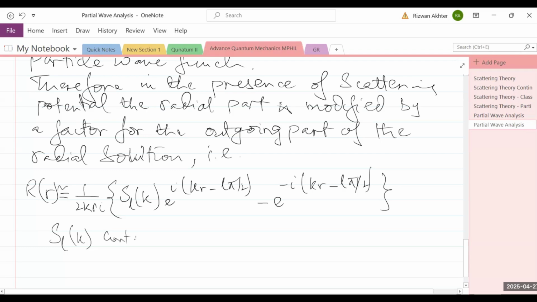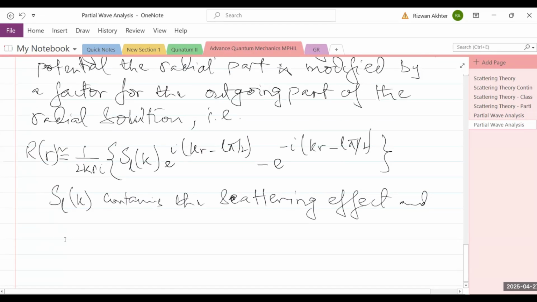contains the scattering effect, known as scattering matrix.